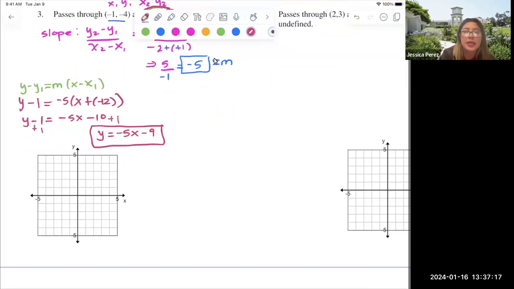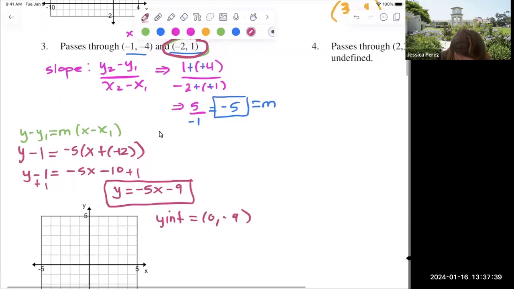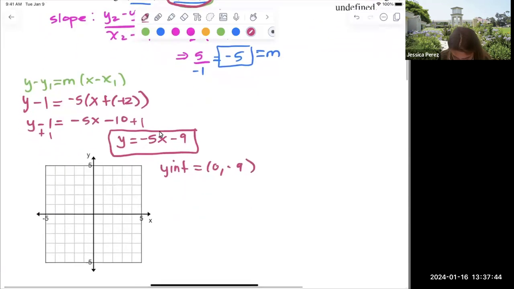Again, we begin by finding our slope and then picking -1, -2. So -5x and then -10. Add 1 to both sides. So that means I have to start at my y-intercept, which is 0, -9, which is all the way down here. I'm going to plot this in Desmos because I don't have room.